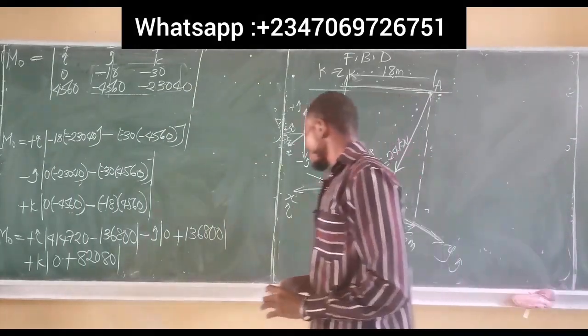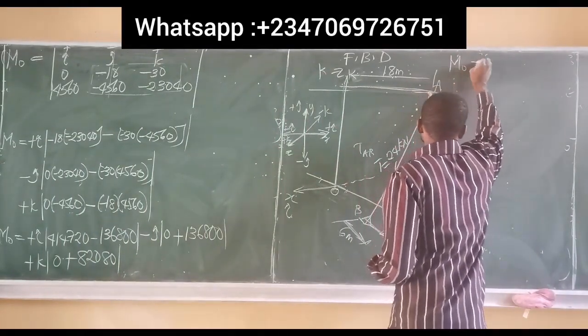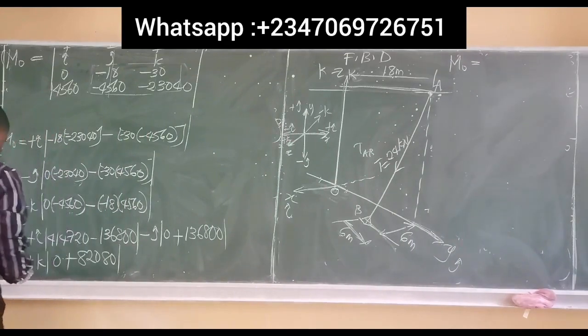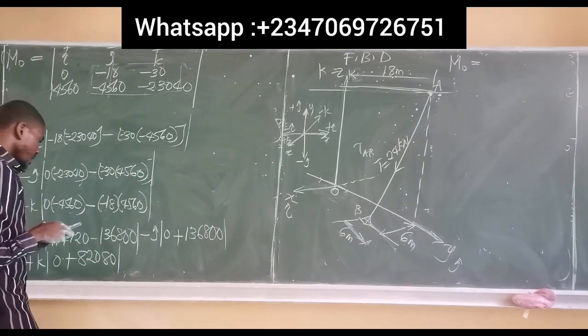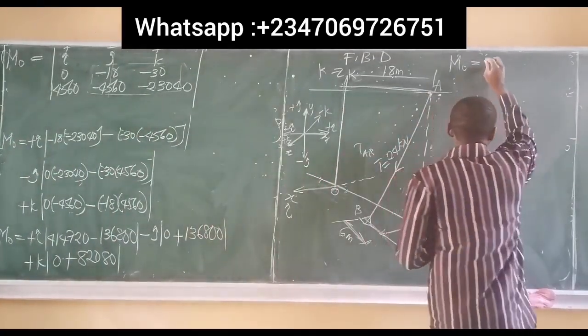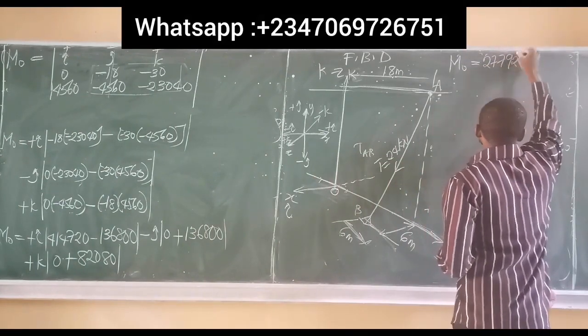All right. So having obtained that value, moment about O is now equal to, let's simply evaluate everything at once. It becomes now 414720 minus 136,800. That gives us 277920.